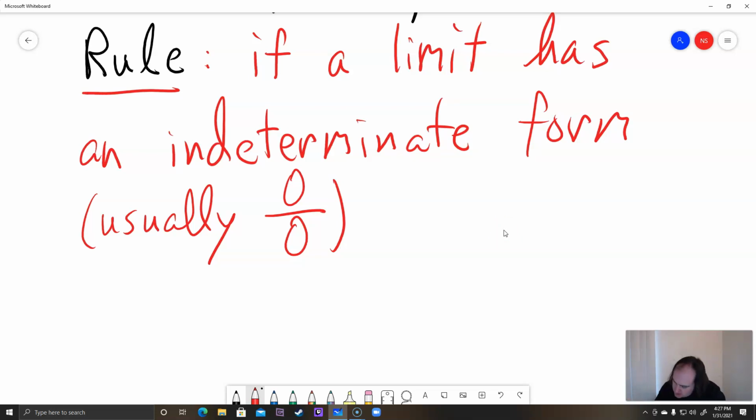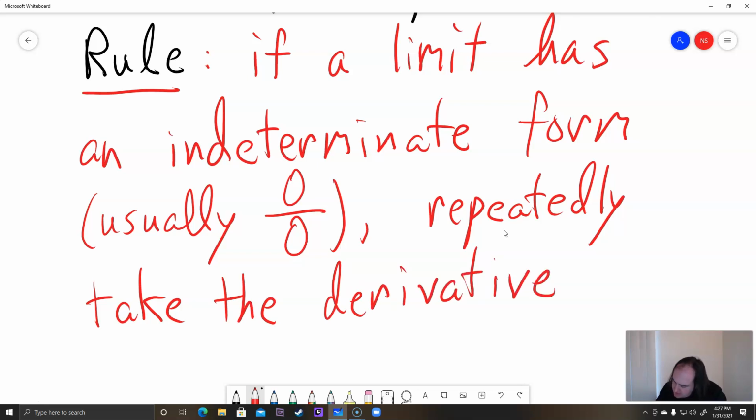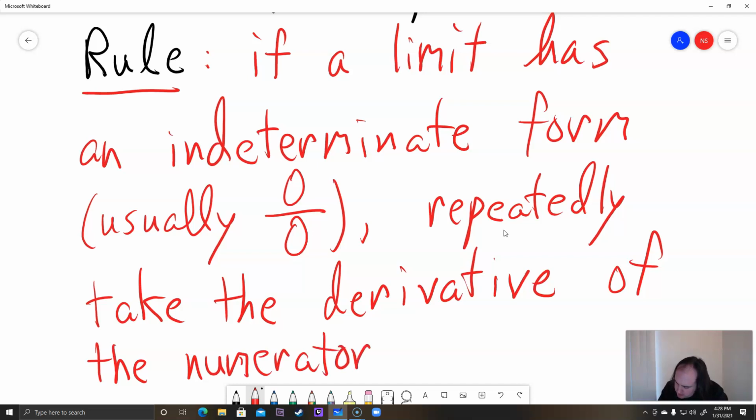Okay? So if a limit has an indeterminate form, repeatedly take the derivative of the numerator and denominator. So you're going to be taking the derivative on the top and the bottom, until the limit is no longer an indeterminate limit.